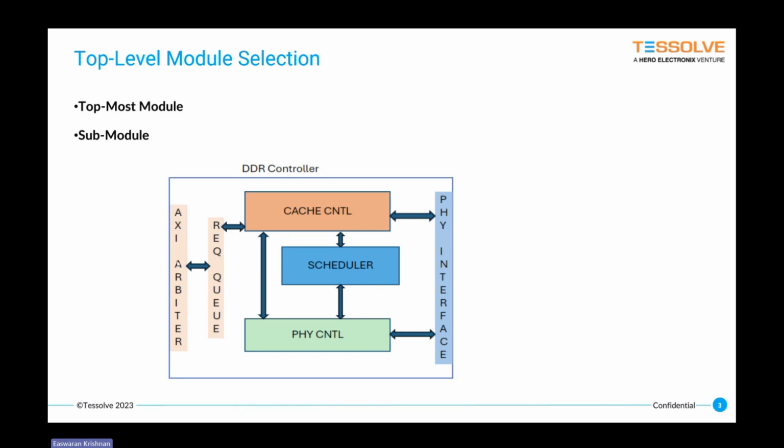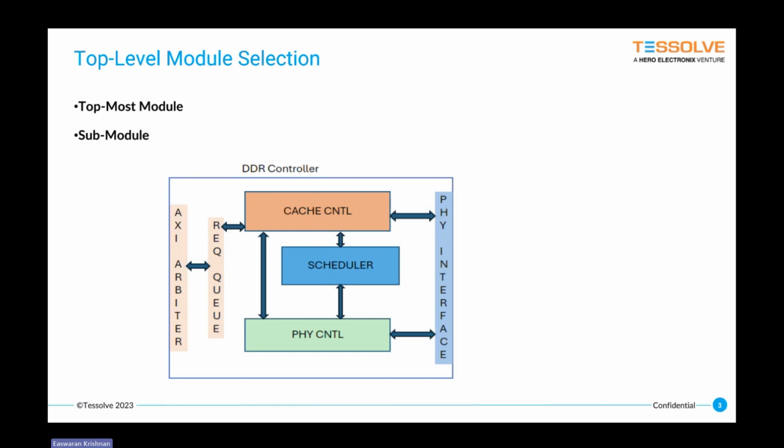This diagram shows a typical DDR controller which has the AXI arbiter to arbitrate multiple CPU access, the request queue to store valid AXI requests, and the cache controller to check AXI request cache hit or cache miss status. In case of a cache hit, the cache controller generates a cache memory read request.